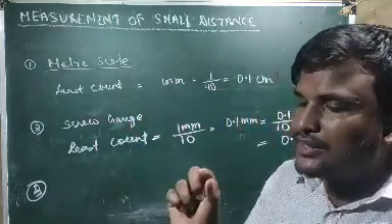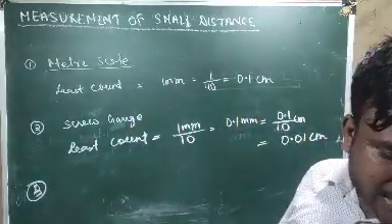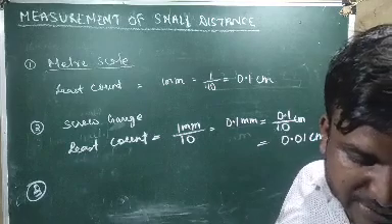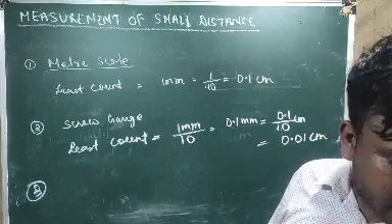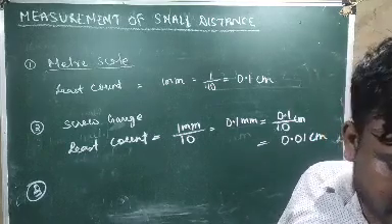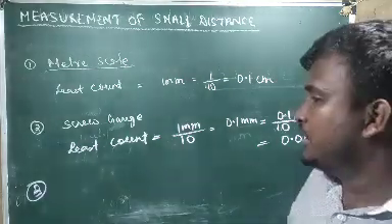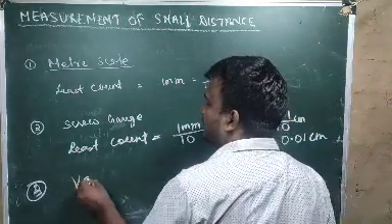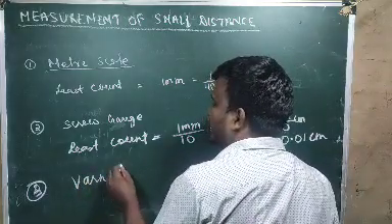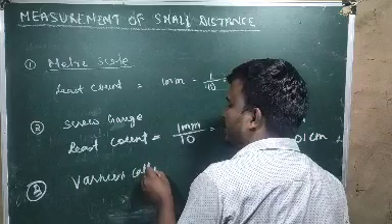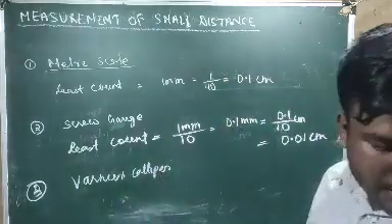The answer is no. We cannot measure it using a screw gauge. We need some other instrument. What kind of instrument do we need? We need a vernier caliper.